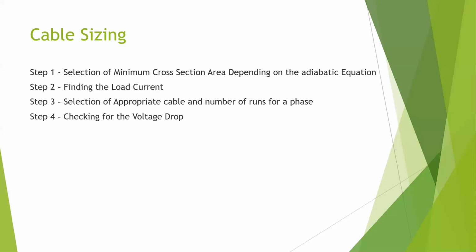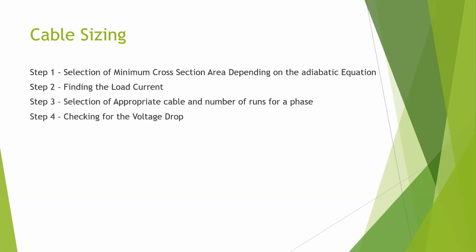But when it comes to medium voltage cable sizing, these cables can be very expensive. So having several smaller cross-section area cables will reduce your cost. Usually we are going to find the minimum cross-section area, and use that cross-section area to have several runs of the same conductor to support the load.